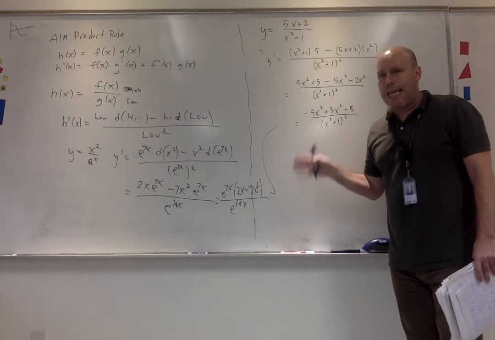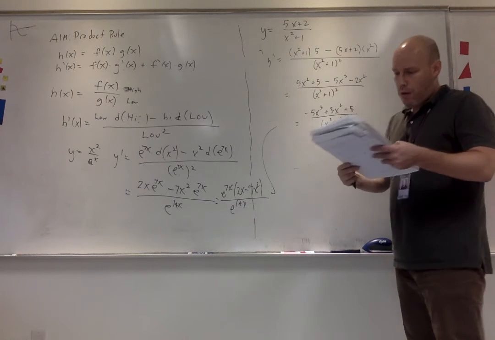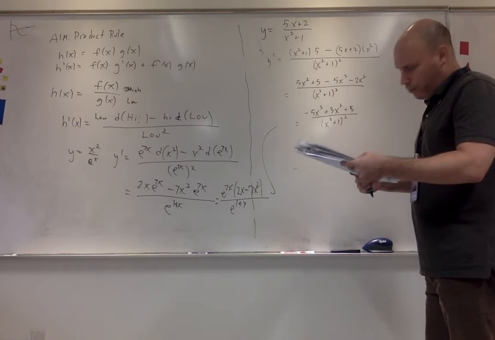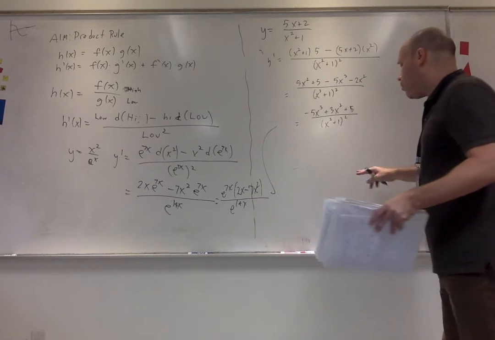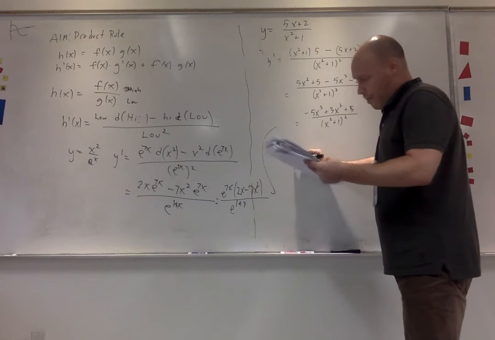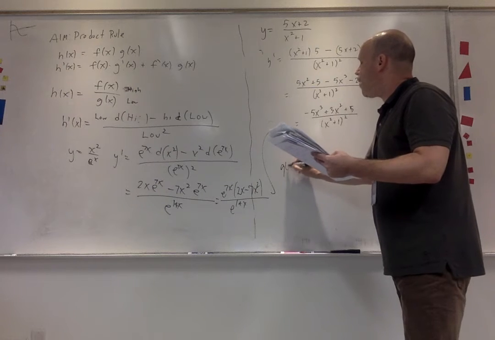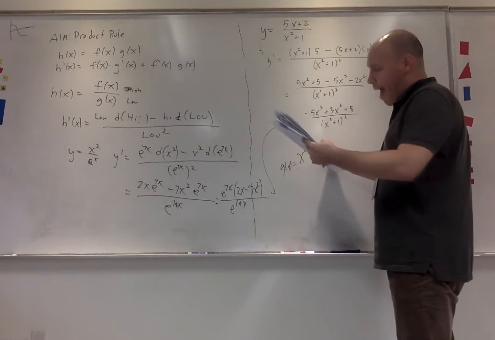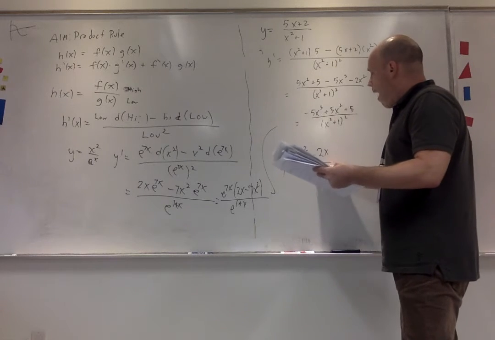This is a little tedious, I get it, but this is a question that just wants to see the derivative. Anything else? I would avoid using the quotient rule if you can. So, for example, let's say you have g of x is equal to x squared minus 2x over x to the fourth.